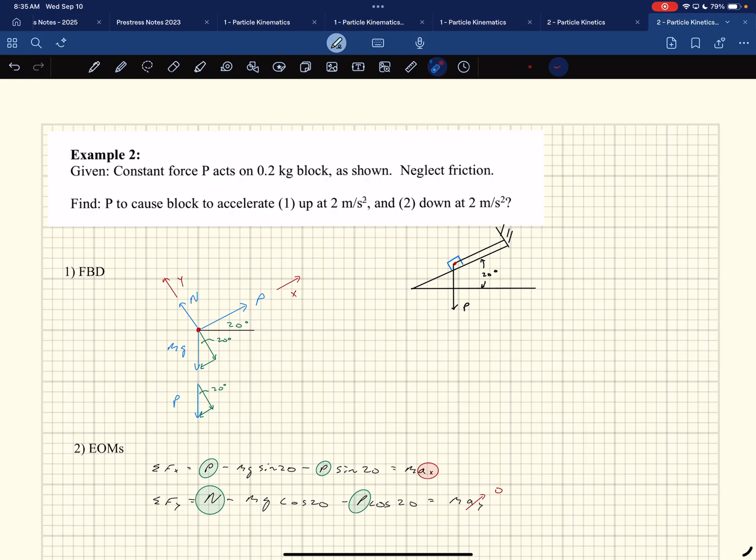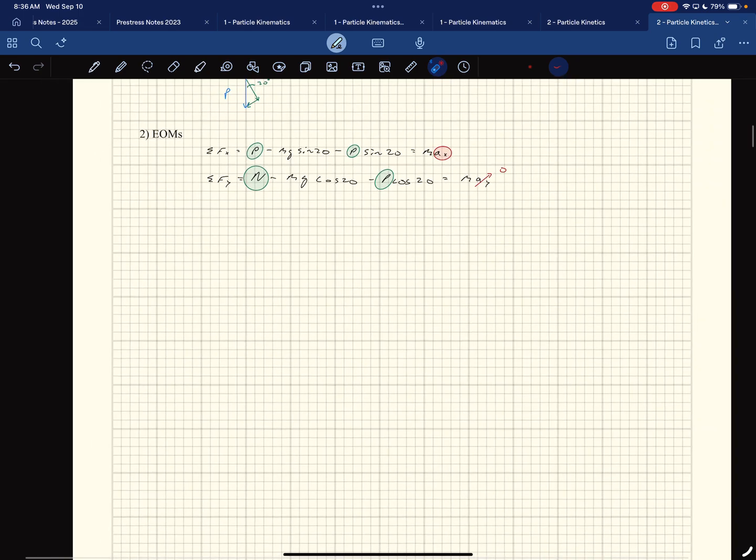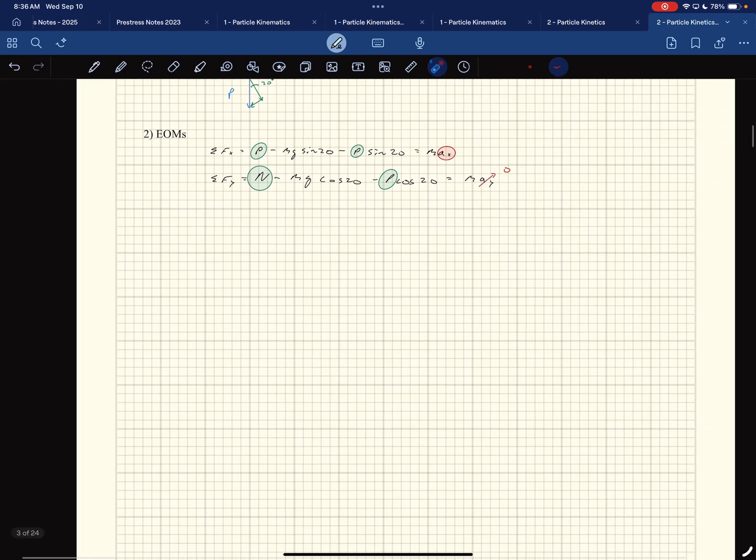And otherwise, there are no other forces that would cause it to accelerate off that ramp. That's what I was saying earlier when I chose to do it this way. It's really nice because I could say acceleration in y is 0. If I had my x and y like this, only parts of it would be 0, only the parts that were perpendicular to the ramp, and so you'd have to break that into its components.